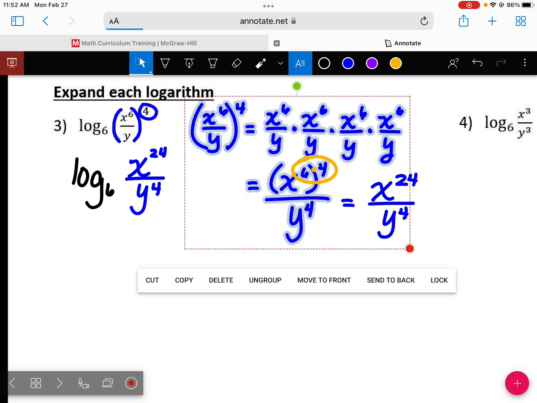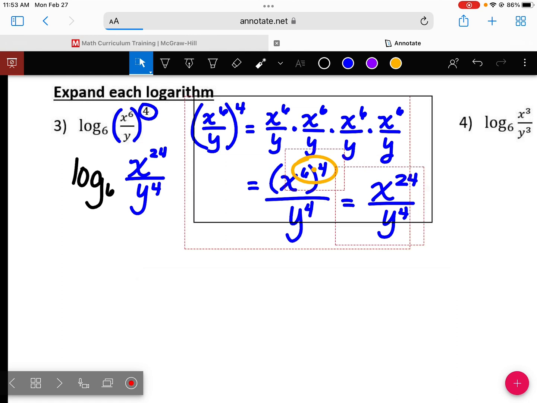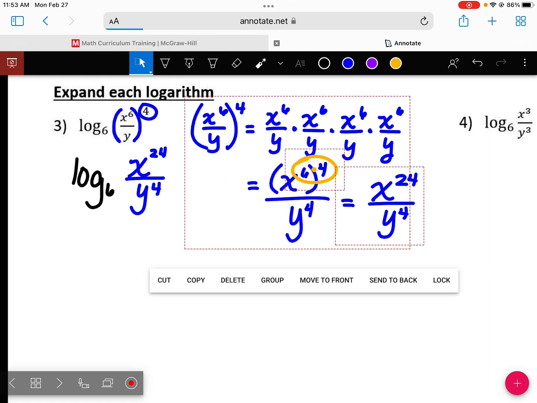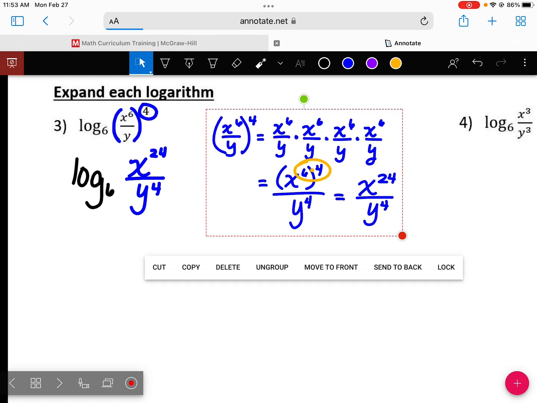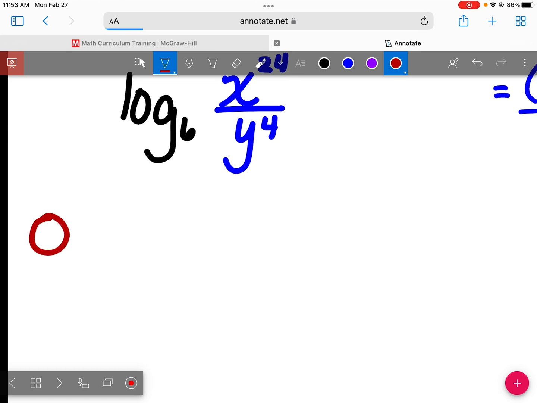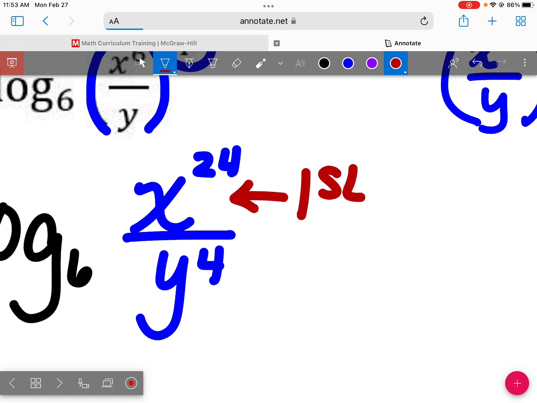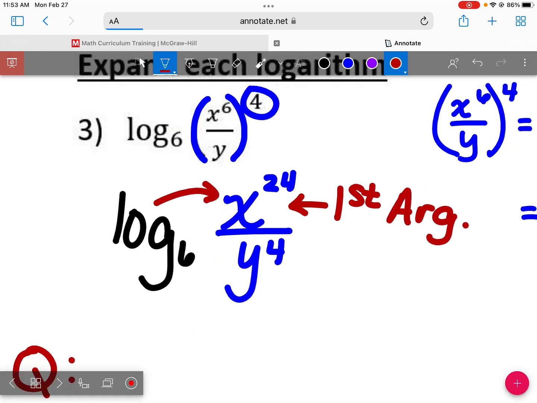What's the order that we do things in when we are expanding? Quotient, product, power. Do I need the quotient property here? Yes. Why? There's division. So this is my first argument. It's going to be log base 6 of the top.